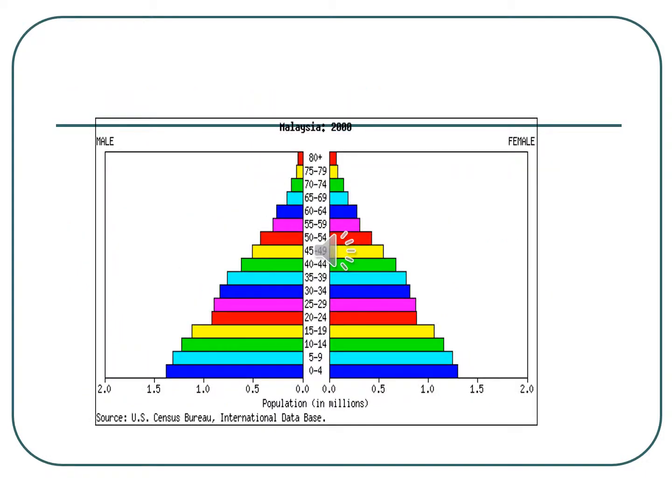This slide shows an example of a population pyramid. It is a histogram with 5 years age interval with the male population on the left and female on the right. This is the population pyramid of Malaysia in year 2000.